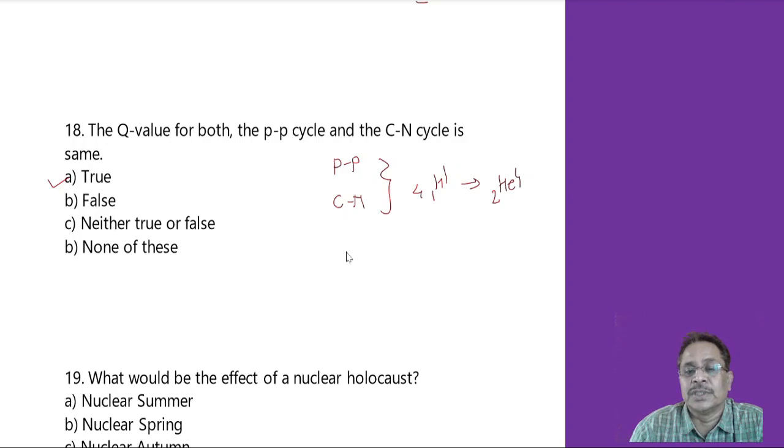So this is the process: the same number of atoms disappear and one new nucleus is generated. In both processes, the amount of energy liberated is the same, and therefore the given statement is true. Therefore option A is the correct option for question number 18.